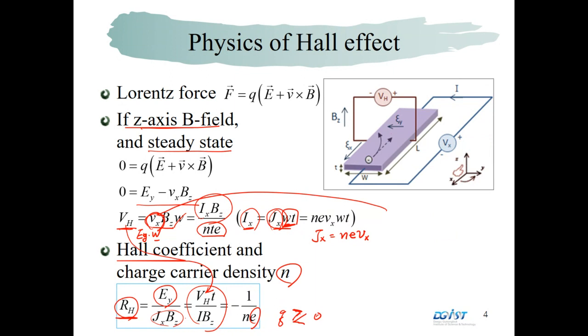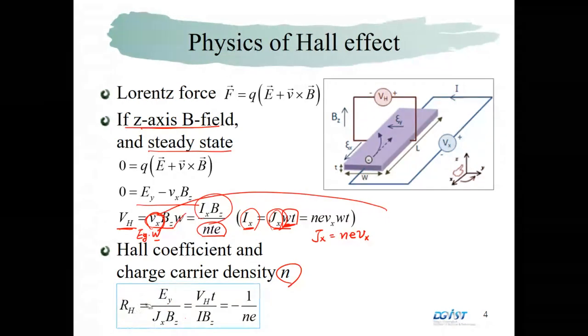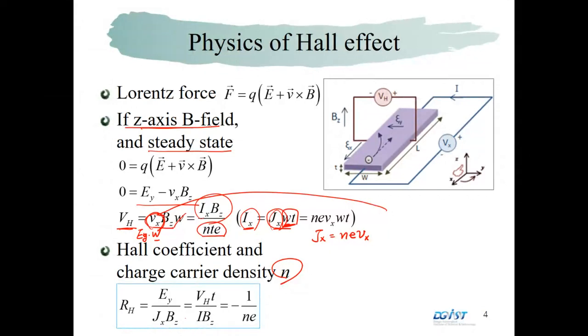So in an N-type semiconductor, where the electron is the dominant charge carrier, we obtain a negative value for the charge carrier Q, but in a P-type semiconductor, we obtain the plus sign for Q. So this whole measurement is very important in the semiconductor industry. They should determine the charge carrier density and also what the dominant charge is. This is a very basic measurement technique.